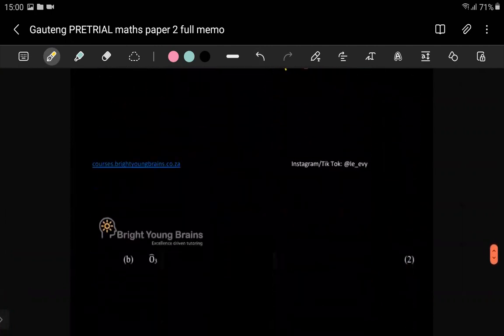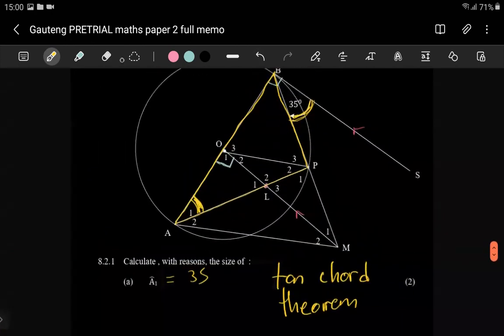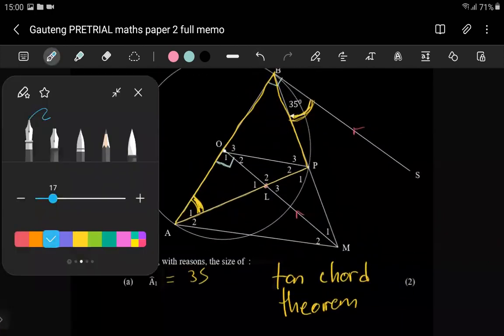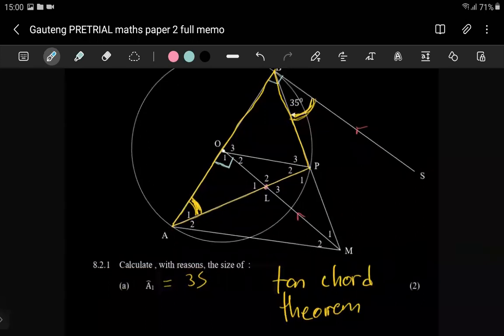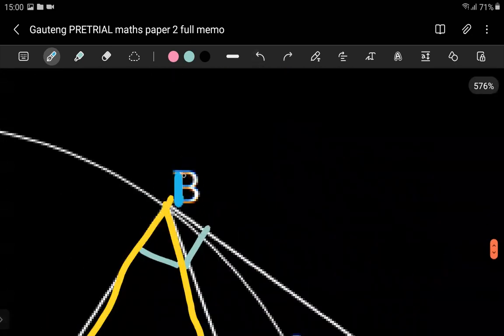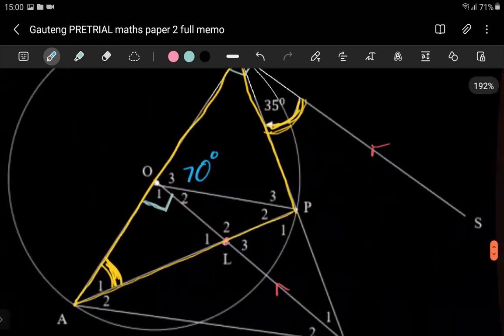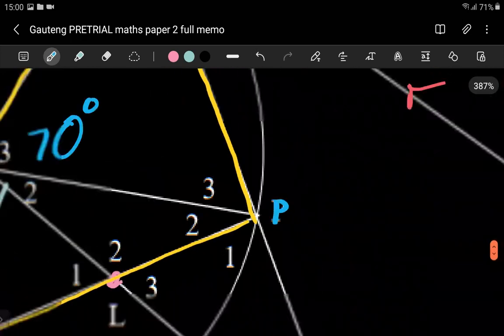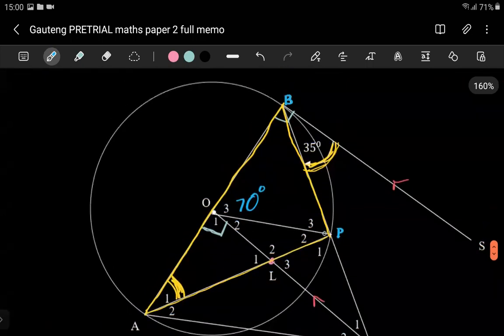So the next one here is O3, right? O3 is this angle over here. Now remember, this one is going to be double the 35 because the angle at the center is double the angle at the circumference if they're subtended by the same chord. You see? So here we have this same chord, and this same chord is subtending A1.